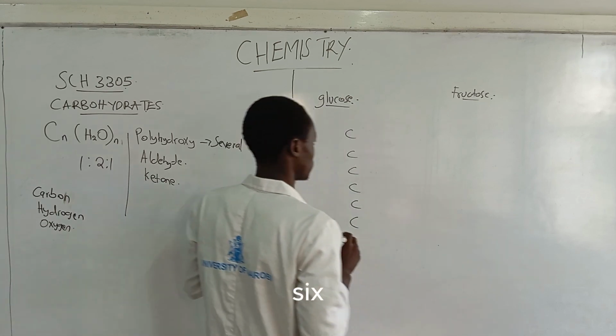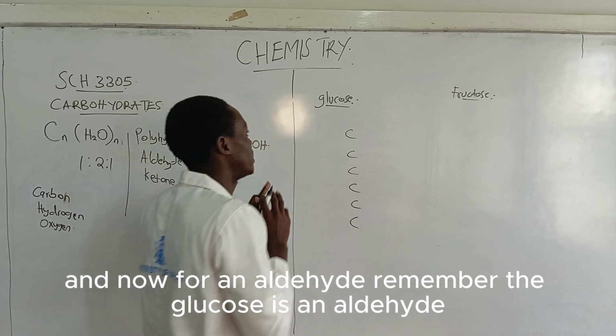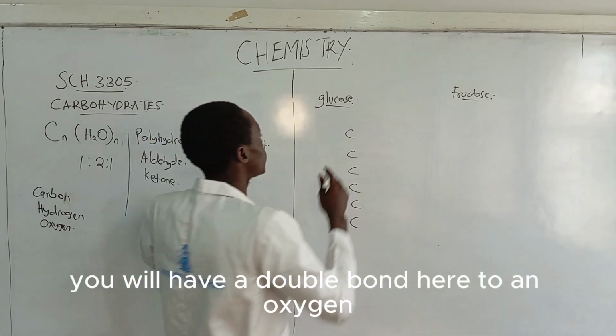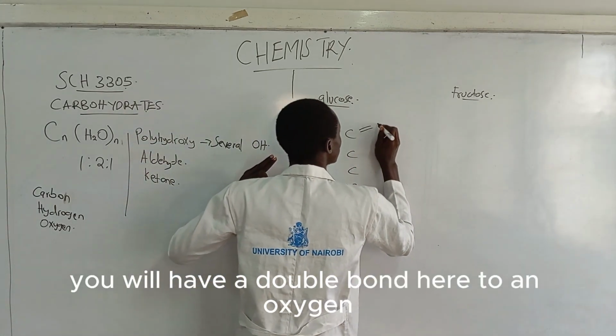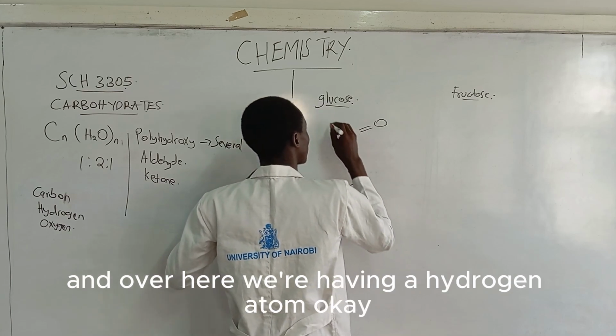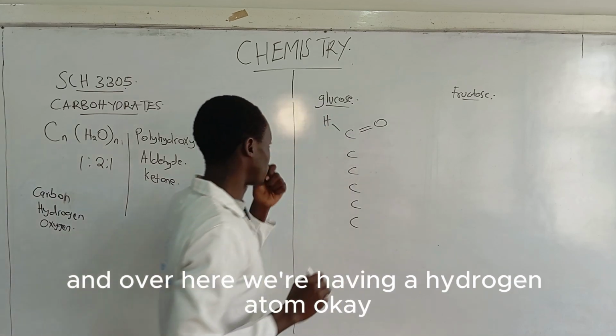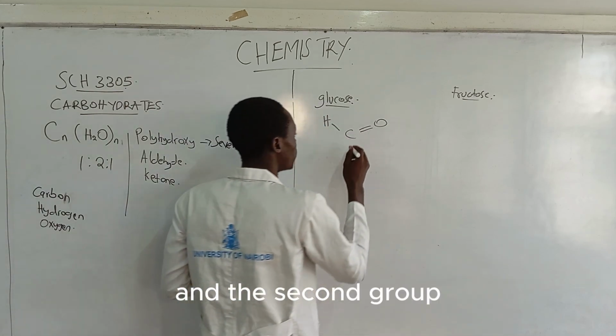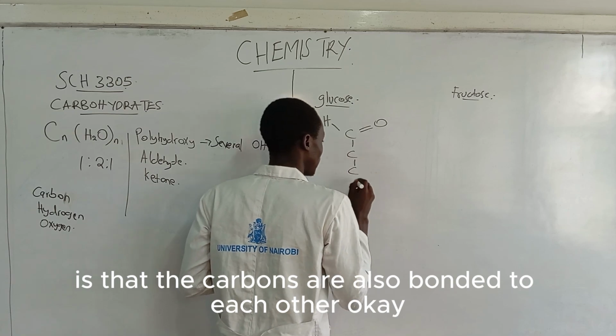Now for an aldehyde, remember a glucose is an aldehyde, it will have a double bond here to an oxygen, and over here a hydrogen atom. The carbons are also bonded to each other.